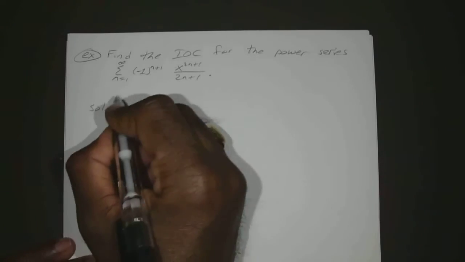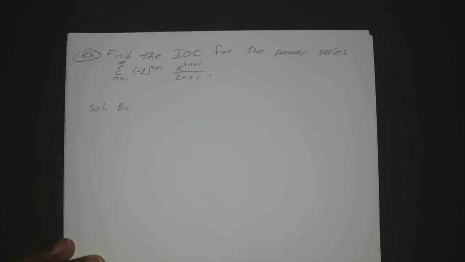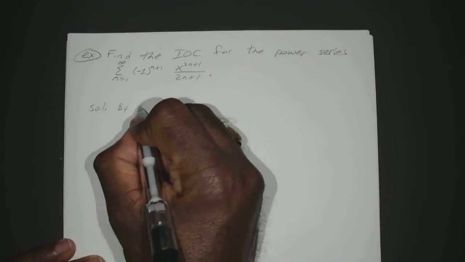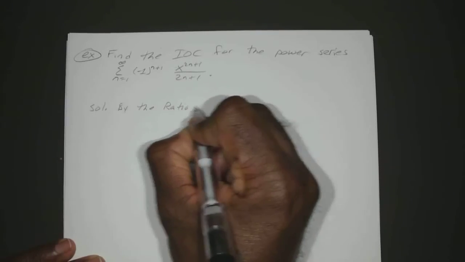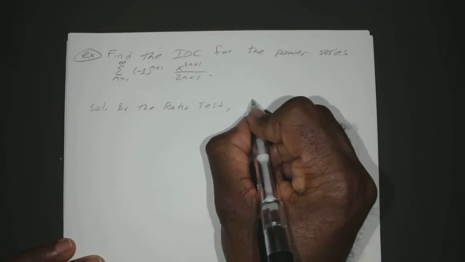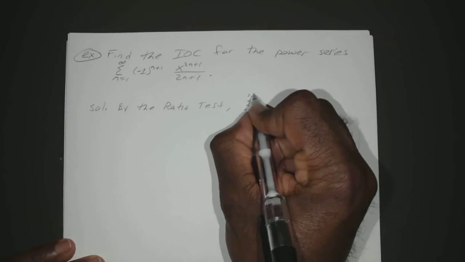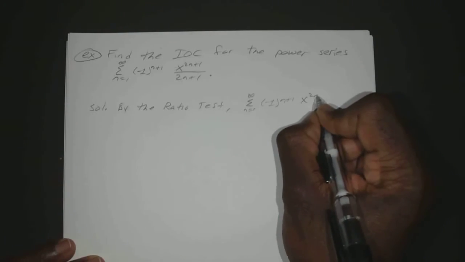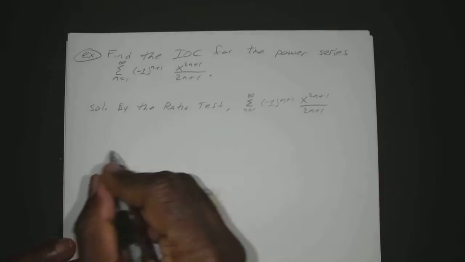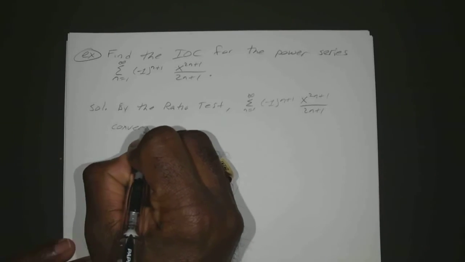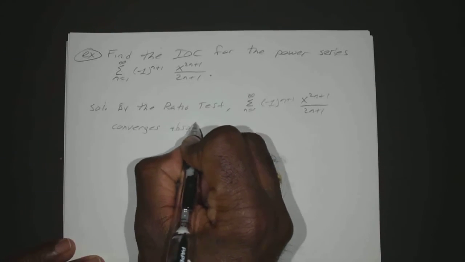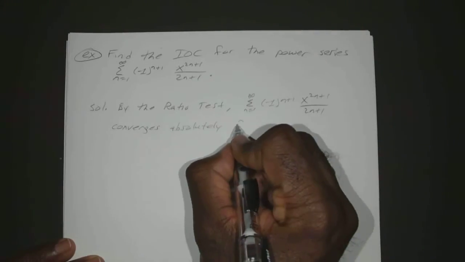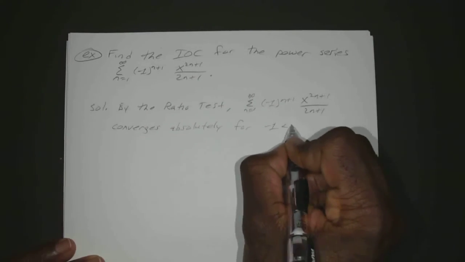Okay. So if we use the ratio test, we would see, so by the ratio test, you see that the sum from n equals 1 to infinity of -1 to the n plus 1 times x to the 2n plus 1 over 2n plus 1 converges absolutely for the interval -1 to 1.